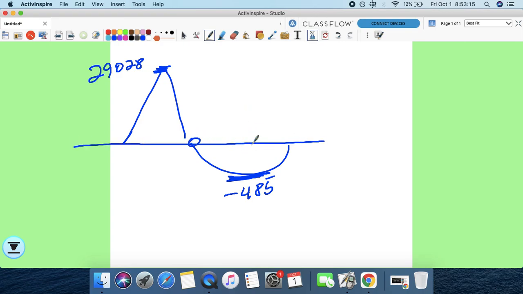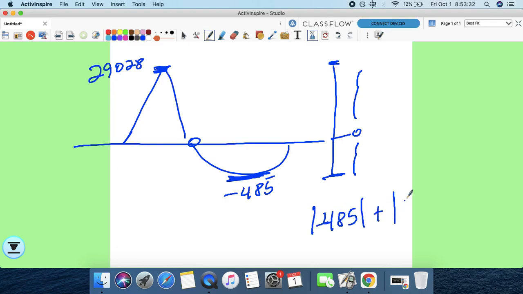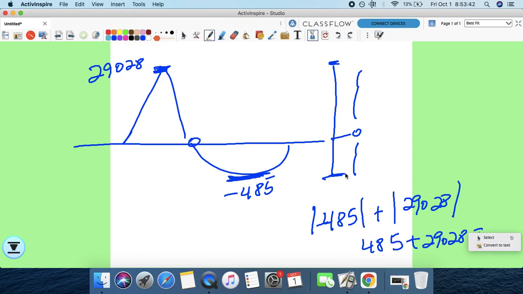So what is the distance? What's the difference in elevation between Mount Everest and the Dead Sea? So what's the difference between the top and the bottom? And again, it's this distance here and this distance here. So you take the absolute value of each: 485 plus 29,028, and the sum will be the difference between the two heights.